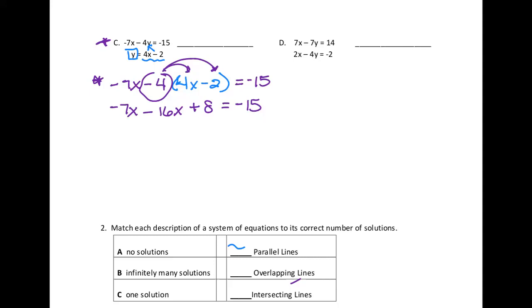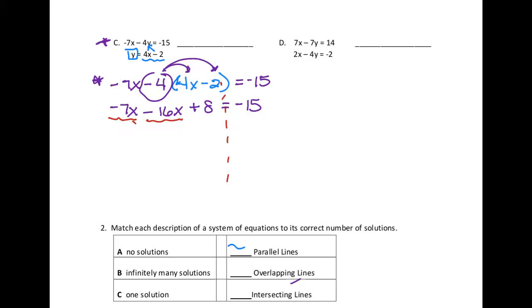Now, here's something that I have seen over and over. If you have two like terms on the same side, you have to combine those. Don't say plus 7x plus 7x. That's not combining. Okay, that's something you do on the other side of the equation.